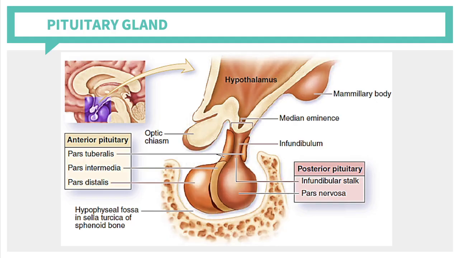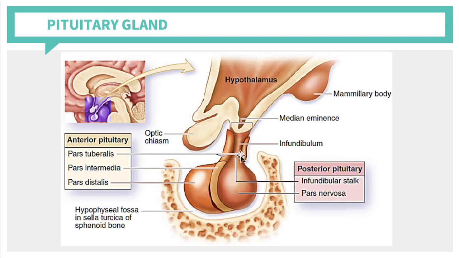So let's have a very quick review of the anatomy of your pituitary gland. When I say pituitary gland, this is composed now of an anterior part and a posterior part that is directly attached to your hypothalamus region of the brain by your infundibulum, or what we term as your infundibular stalk.